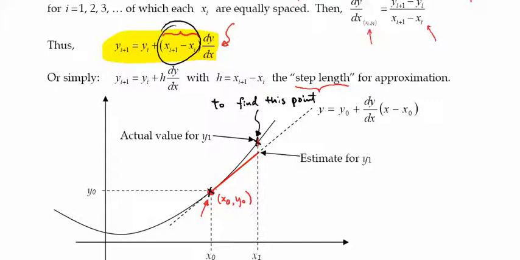Using this point, I can choose a point that is very close to it and try to approximate the value at this point and use it to estimate the next one, and eventually you are going to come up with a very good estimate for this point using what we've started with.